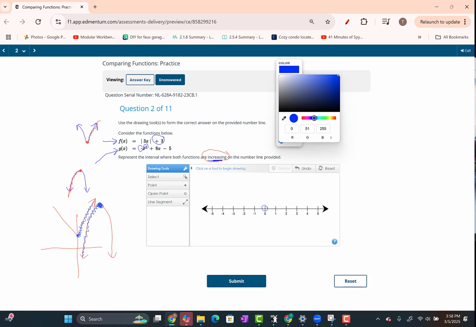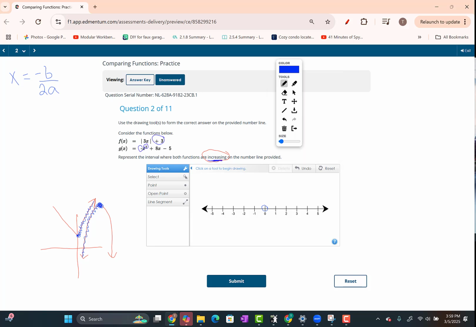And to find the x coordinate of the vertex, recall the formula is x equals negative b divided by 2a. So let's take the quadratic in this problem, which was negative x squared plus 8x minus 5. And let's review.